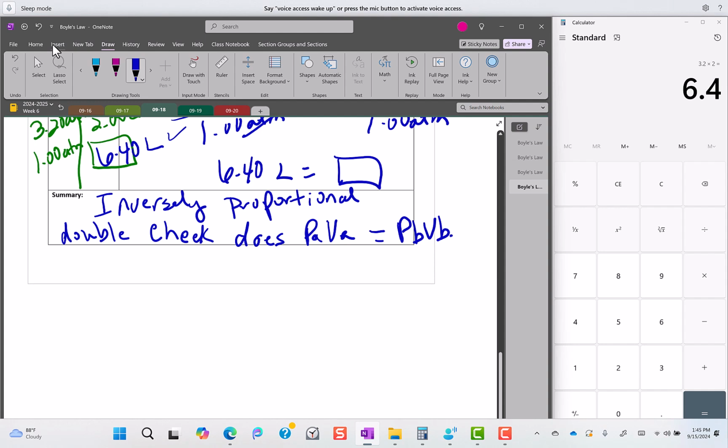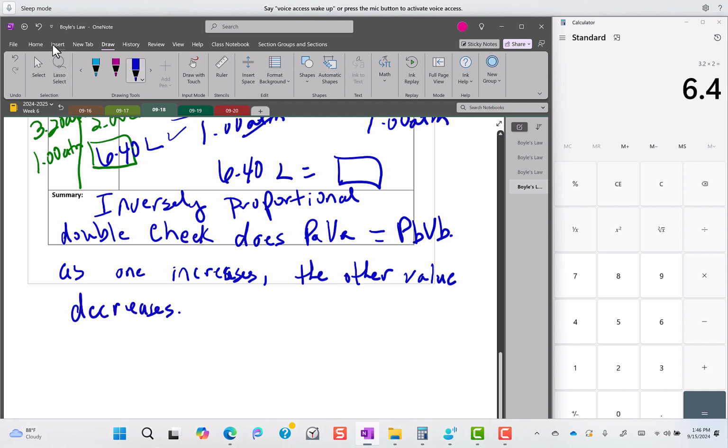Okay, and as one increases, the other value decreases. Okay, all right, that's it.